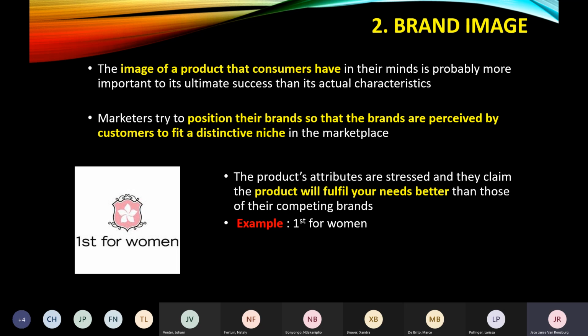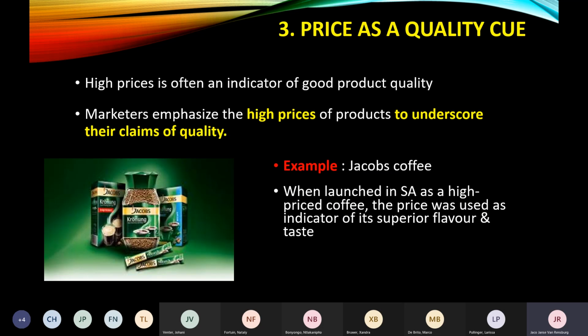Right. Let's see. We also have price as a quality cue. A lot of people who shop at Woolies, for instance, say, I only shop at Woolies and I only buy my stuff there because the quality of their products is so much better. Very often it is because they are more pricey that people purchase there, because they associate a higher price with a better quality.